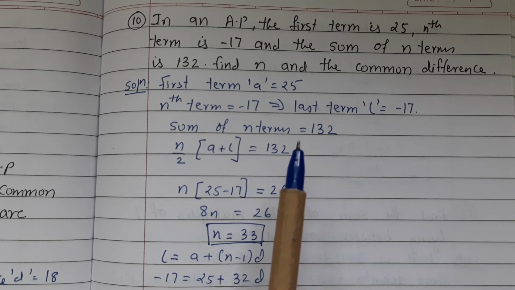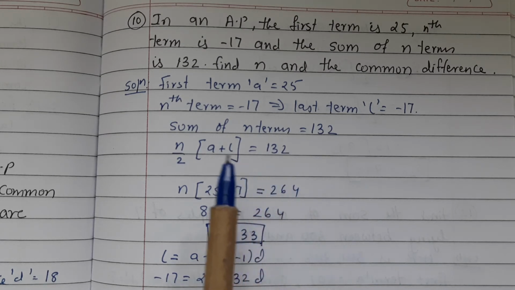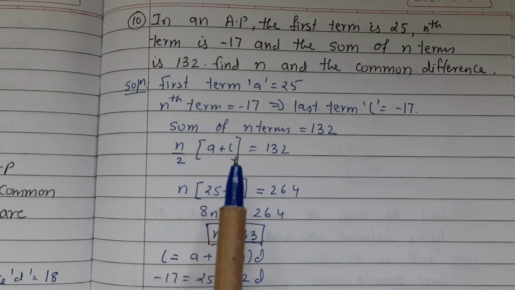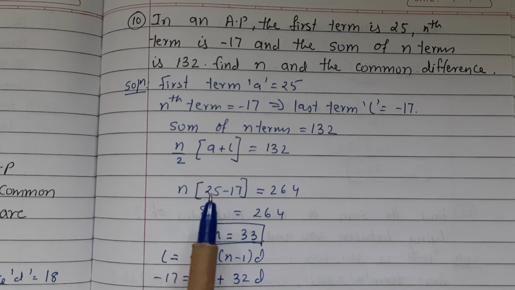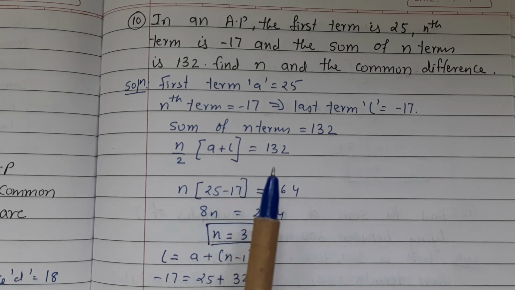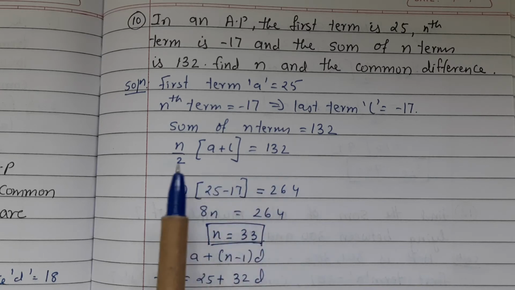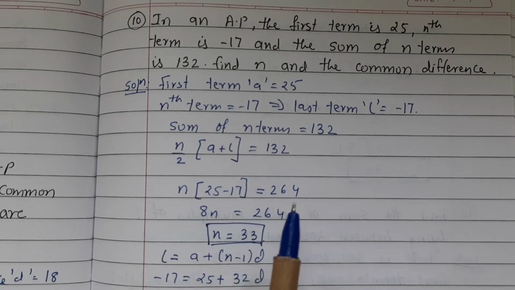Write the formula S equal to n upon 2 into A plus L. Substitute the values: n upon 2 into 25 minus 17 equal to 132, so 8n equal to 132 into 2, 264. N equal to number of terms equal to 33.